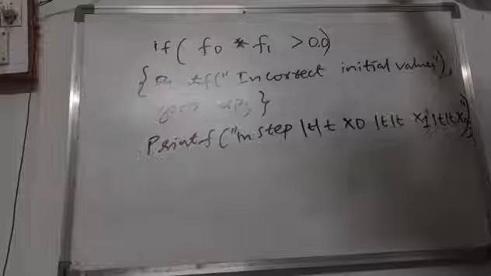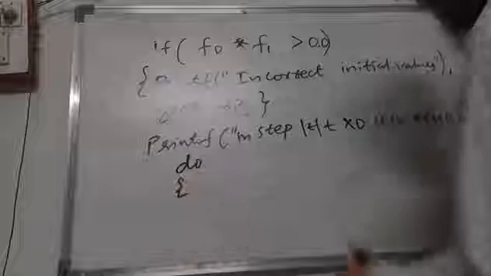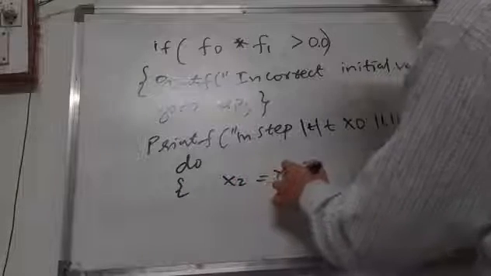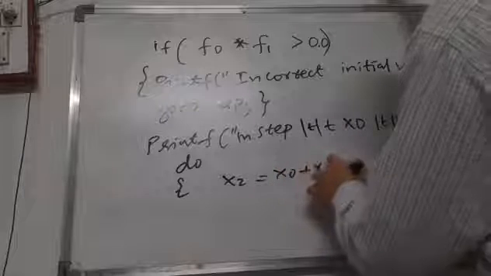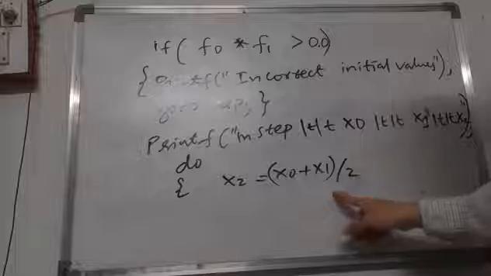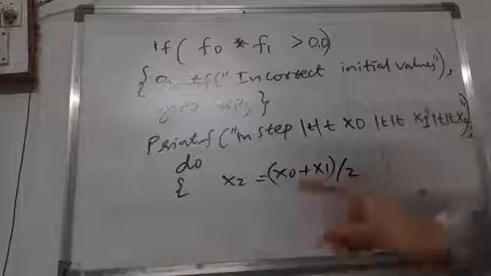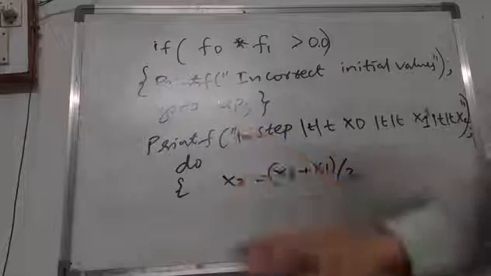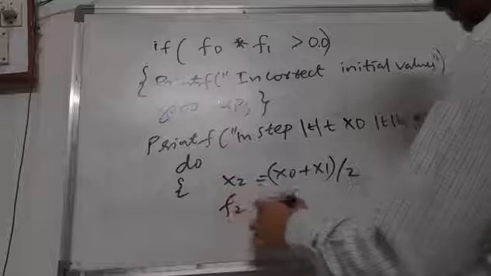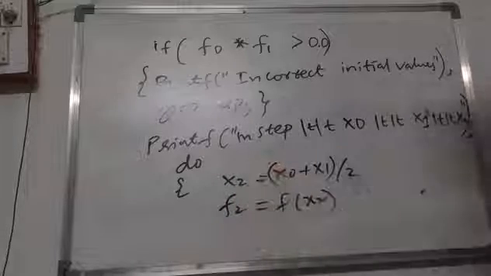Next, what we have to do here is find the x value. We are taking a do-while statement, with x2 equal to x0 plus x1 by 2. We have to find the midpoint value, just like c is equal to a plus b by 2, as we have done before. Similarly, we have to find the f2 function, that is f2 is equal to f of x2, substituting this value.